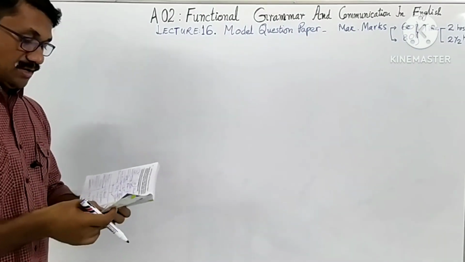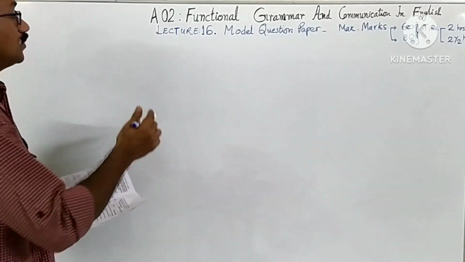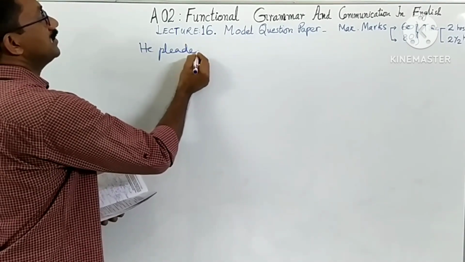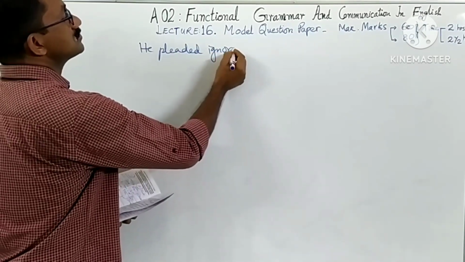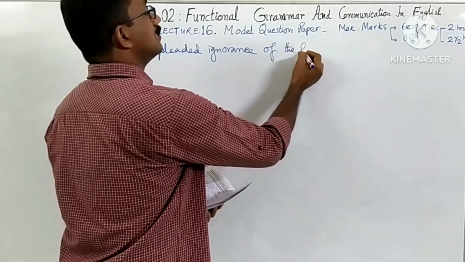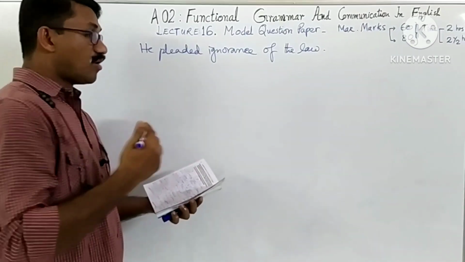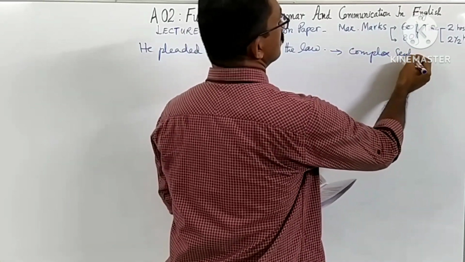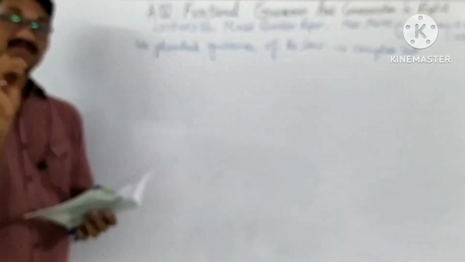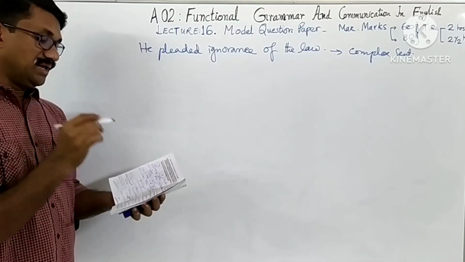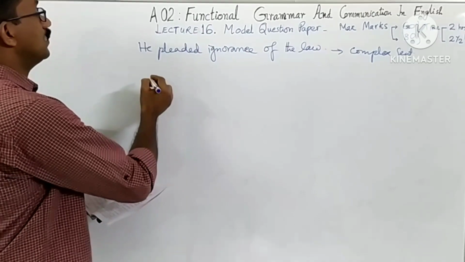Next question. He pleaded ignorance of the law. Change into a complex sentence. A complex sentence has an independent clause and a dependent clause. It would be: he pleaded that he was ignorant of the law.